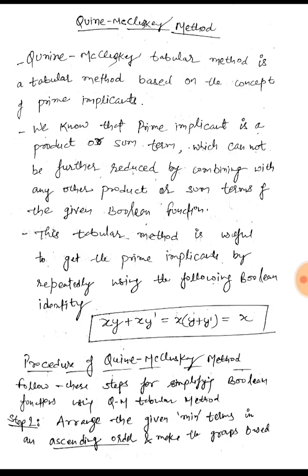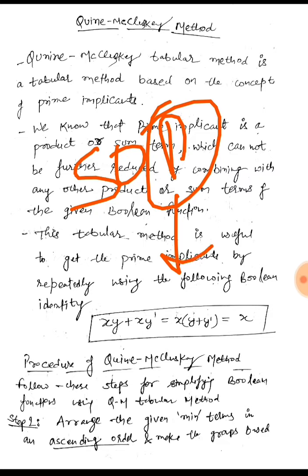Step first is to arrange the given minterms. We would be given a logical function in terms of minterms, as we have already seen in the K-map, that is, sum of product form, SOP form. Product terms are called minterms.